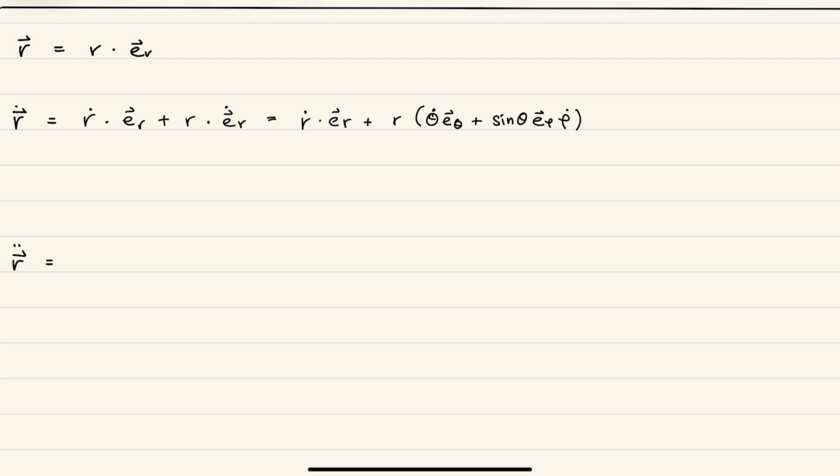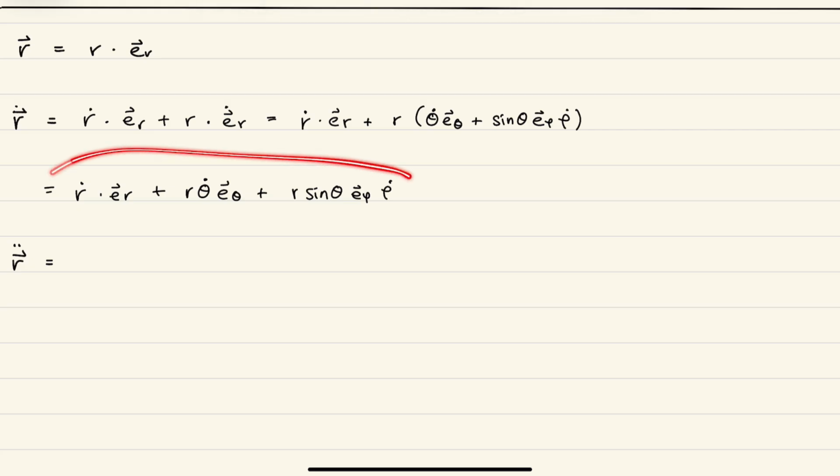We can simplify this further by distributing this r into the bracket. So we get r dot times er plus r theta dot e theta plus r sine theta e phi dot. So this is our first time derivative, but since we're looking for the acceleration, we need to differentiate it a second time.